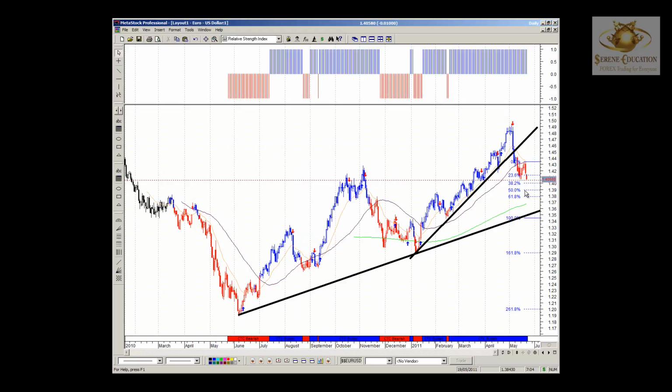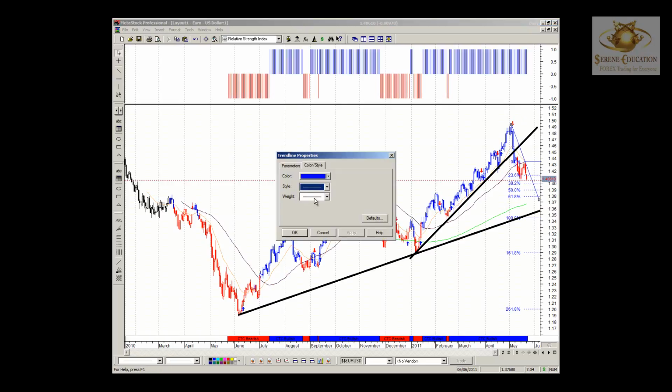So if we see a break below that, then obviously we're getting a lower swing from that one on the major scale, and if that's the case, then obviously we're seeing that occurring on a massive scale in terms of trend direction, which is very, very negative.